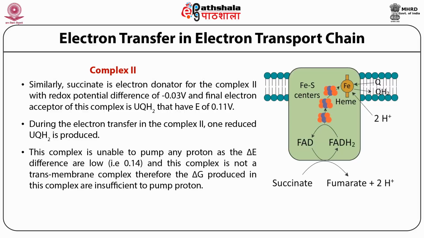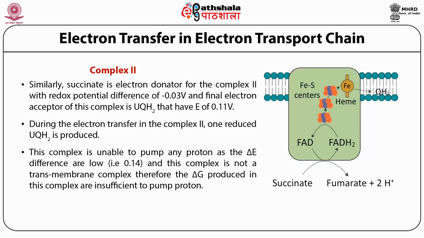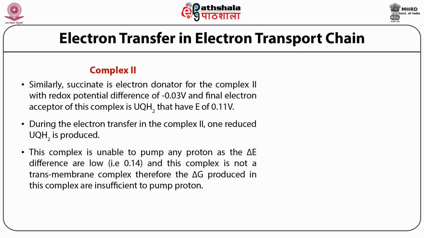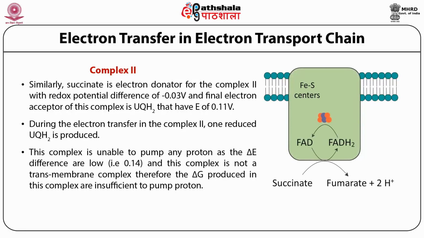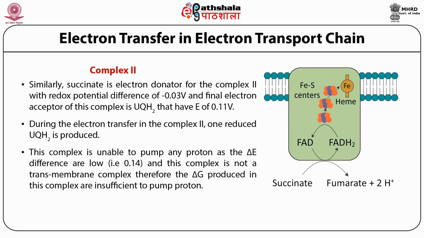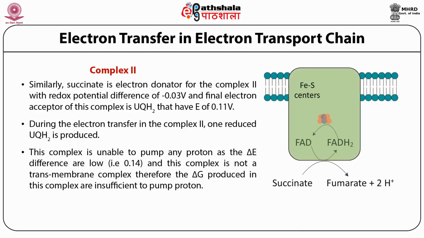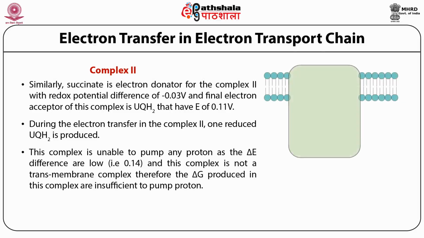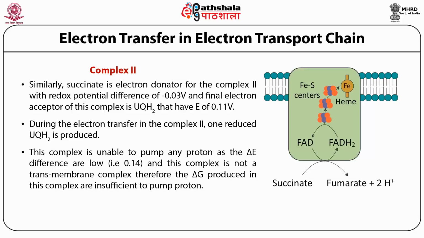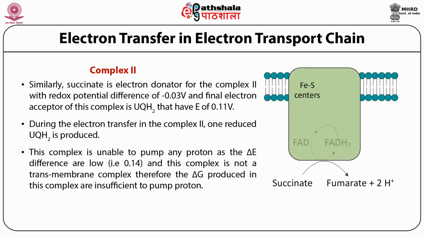If you want this complex to pump a proton, it must require more delta G, because the proton has to cross to the outer leaflet of the membrane, but we have only 0.14 delta E difference, which is not enough to create the delta G required to pump any proton in these circumstances. But the result of this electron transfer is the production of one reduced ubiquinone without pumping any proton.